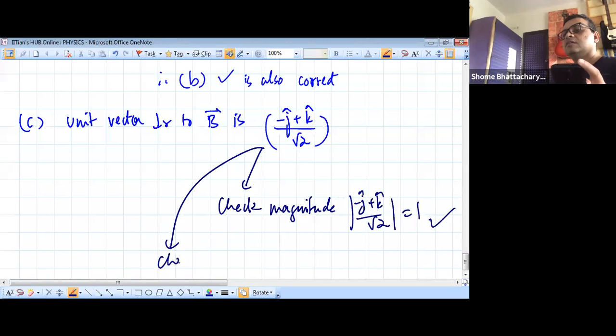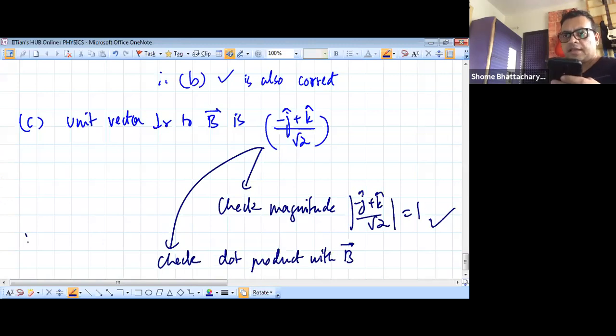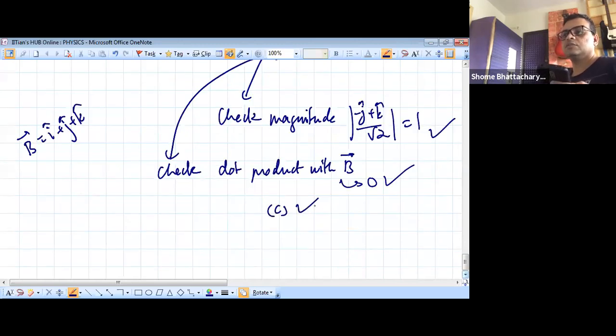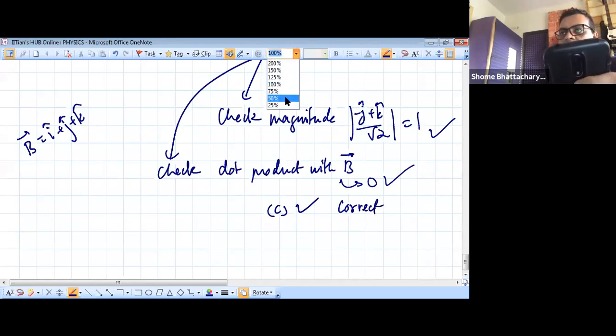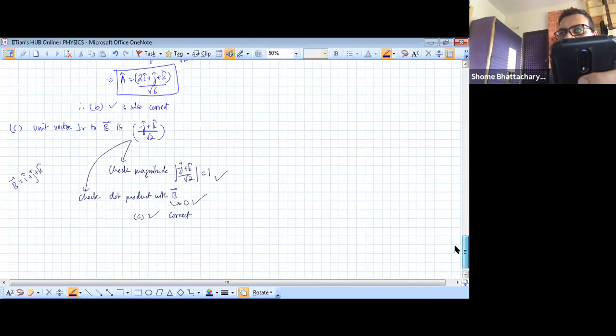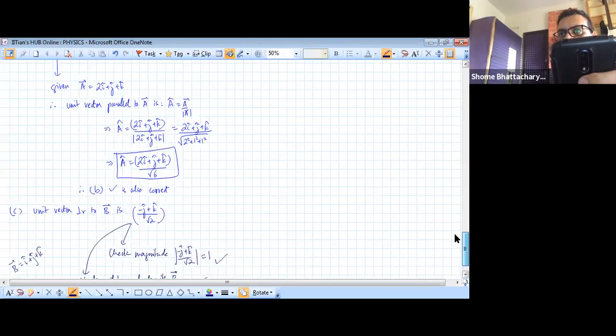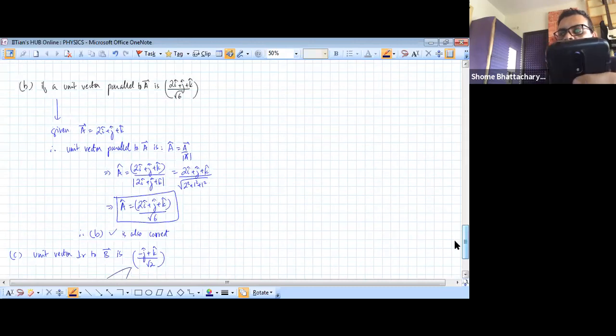Secondly, check dot product with B. And you will see that the vector B was given to us as i plus j plus k. So you'll see that dot product of this and this will be 0. So yes, option C is also correct. So this is how we check. This is the same process as option A, but we are now checking for B and the given unit vector, not A and the given vector.